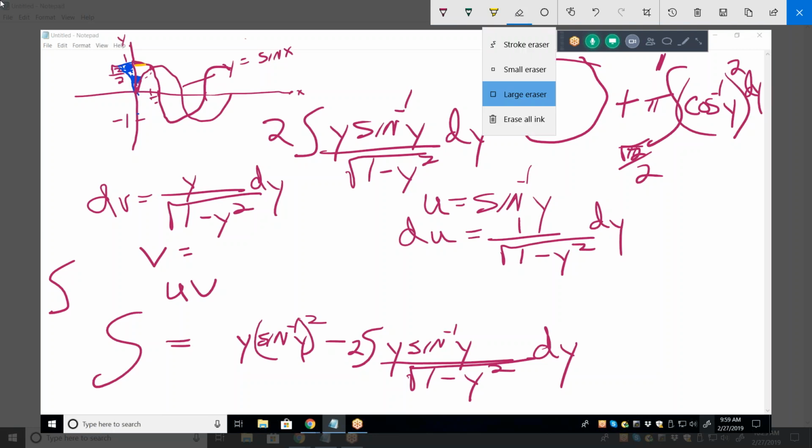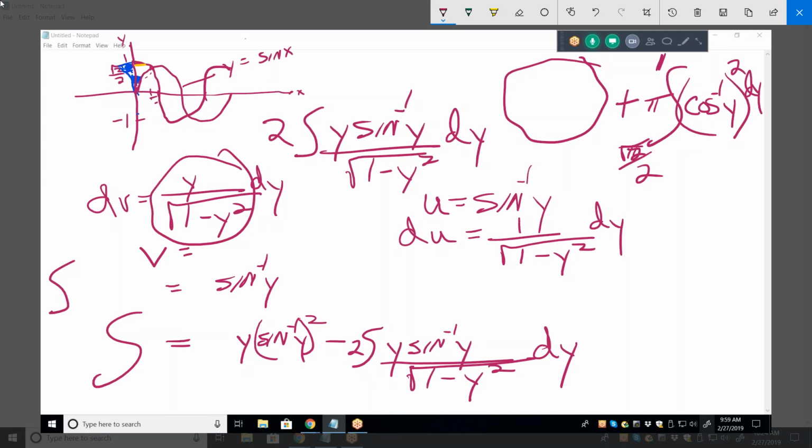But we have a new uv. u is inverse sine, and v is going to be whatever we get when we go through all of that. We'll call that z for now. That's not the hard part of this problem. You know how to do u substitution.